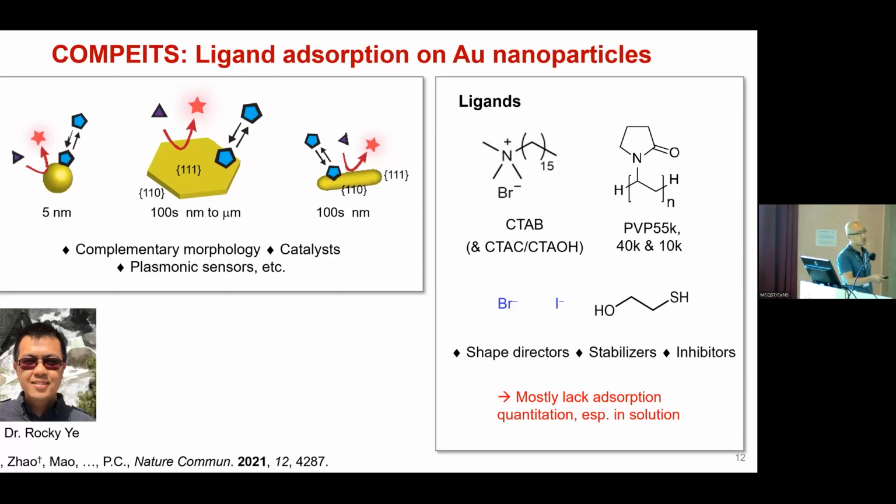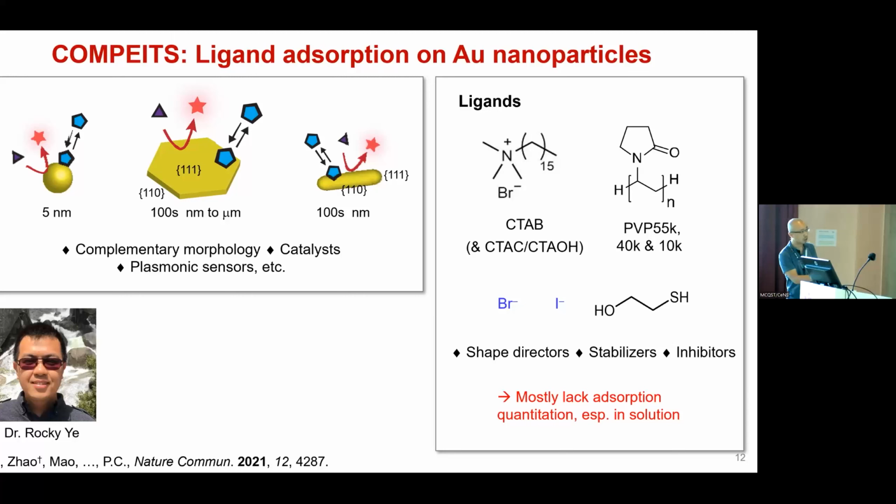A set of ligands he decided to look at include CTAB, or analogs, PVP, which is a polymer, halides, and also thiol. So these ligands are either shape-directing reagents that allow you to control the shape of colloidal nanocrystals, or they are stabilizers of nanoparticles, or they act as inhibitors in surface catalysis.